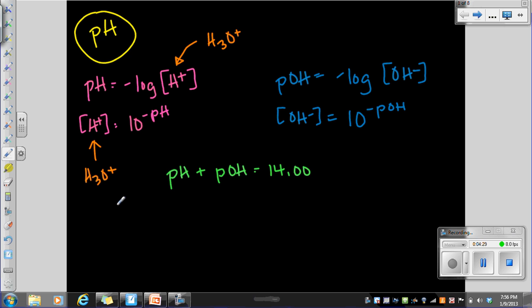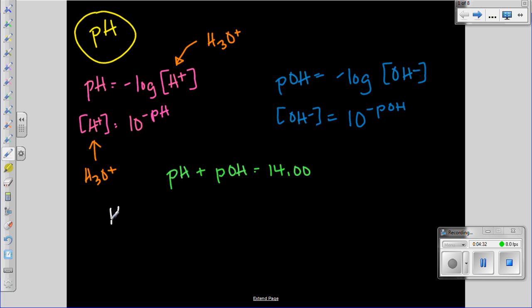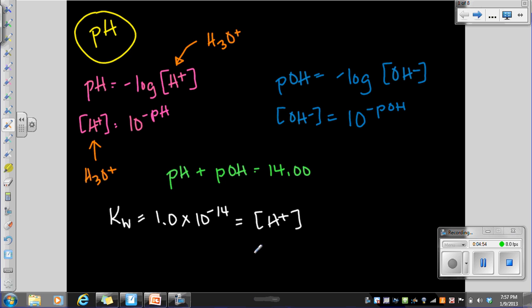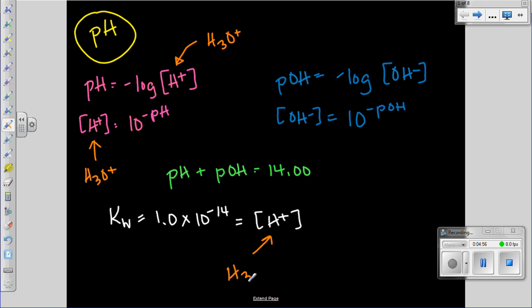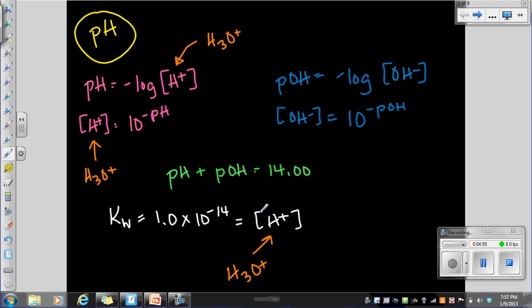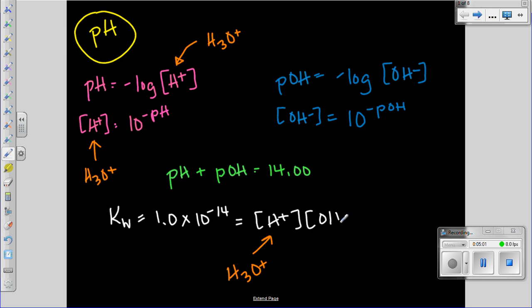So our Kw, which is called the ion product constant, is equal to 1 times 10 to the negative 14th. And that is equal to the hydrogen ion concentration or hydronium ion concentration, either one, remember we're using those interchangeably, times the hydroxide ion concentration.